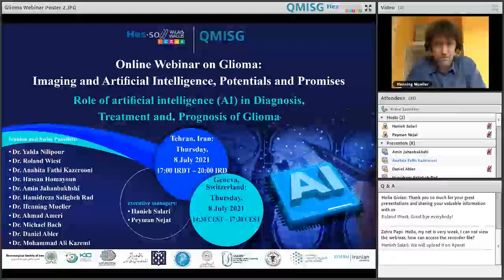The second region is non-involved normal white matter, where the ADC shows the same appearance as the other parts of the brain within this abnormal FLAIR tissue. And the third and important part is the tumoral tissue.